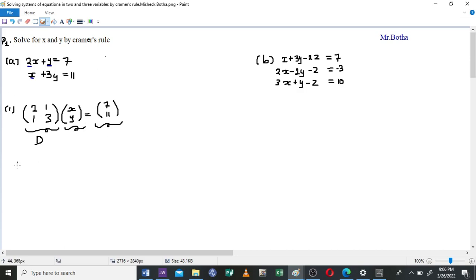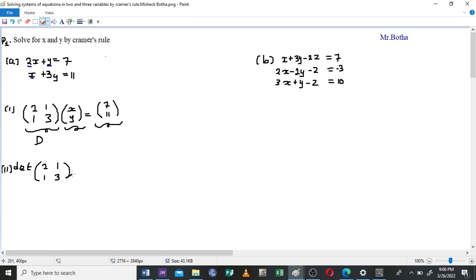So the second step, we just need to find the determinant of the matrix of coefficients, which is D. I'm not going to write D, I'll just write 2, 1, 1, and 3, right?